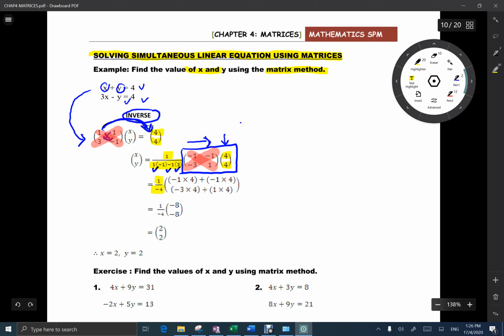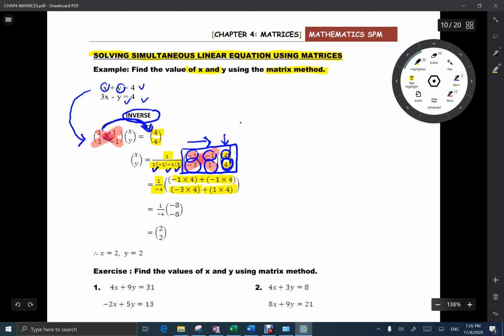Okay, so 1 times negative 4 plus negative 1 times dengan 4. Okay, next one. Negative 3 times 4 plus 1 times 4.